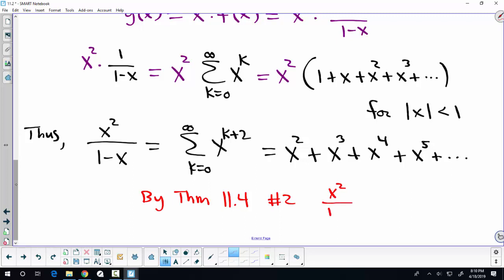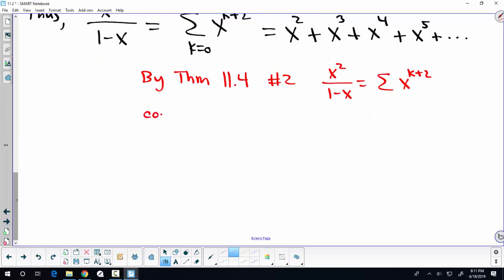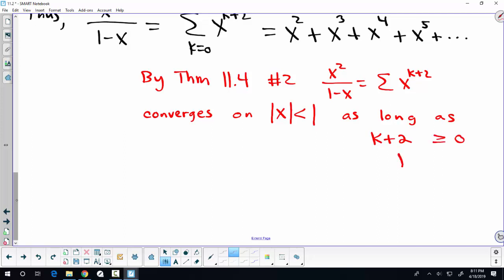x squared over 1 minus x equaling this sum converges on the same interval that the original series converged on, as long as the new power, k plus 2, is larger than or equal to 0 for all terms.